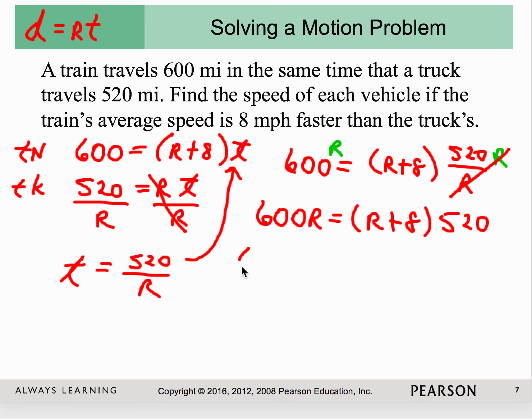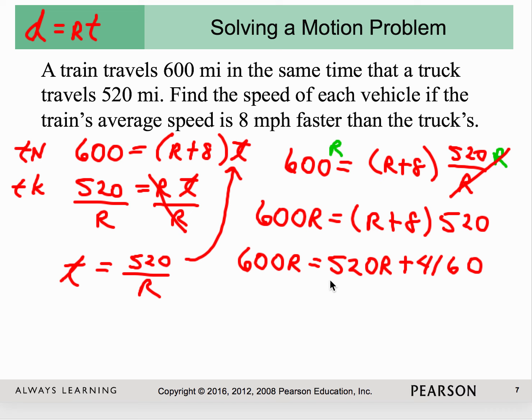Let's get rid of parentheses. 600r equals 520r plus, let's see what that's going to be. 4160, right? If you need to, go over to the side and multiply it out.